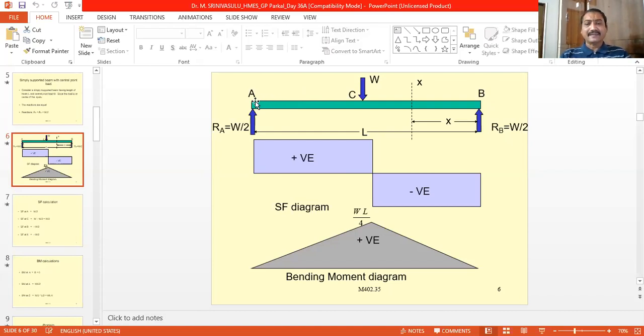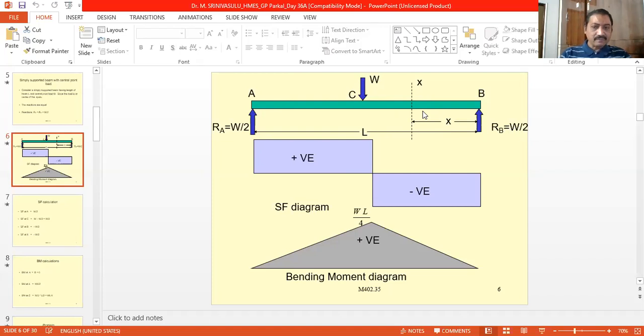Now if you take the section exactly at this point, to the right we got plus W and minus W by 2. The shear force is equal to W minus W by 2, so plus W by 2. So the shear force acting at point A is equal to plus W by 2.